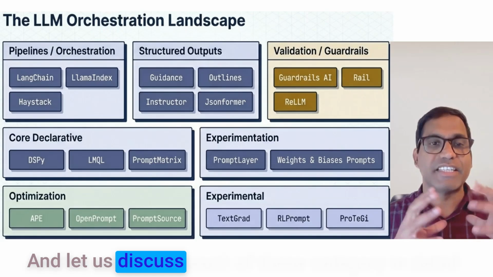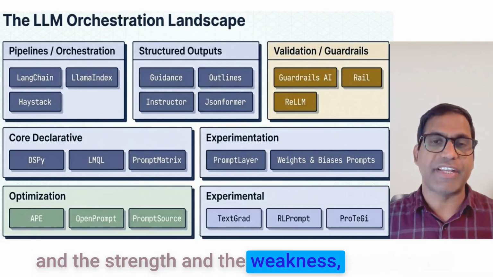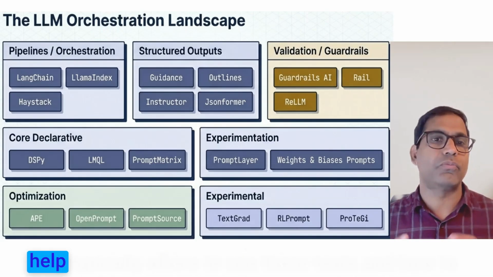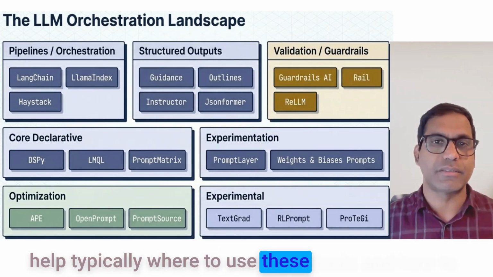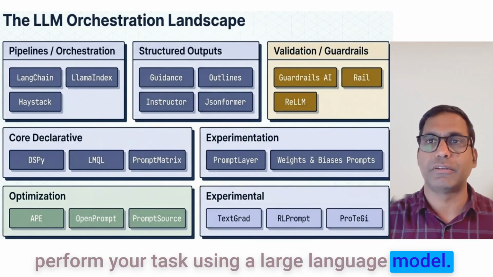And let us discuss each of these categories in detail and their strengths and weaknesses, and that will help typically where to use these tools and how to perform your task using a large language model.